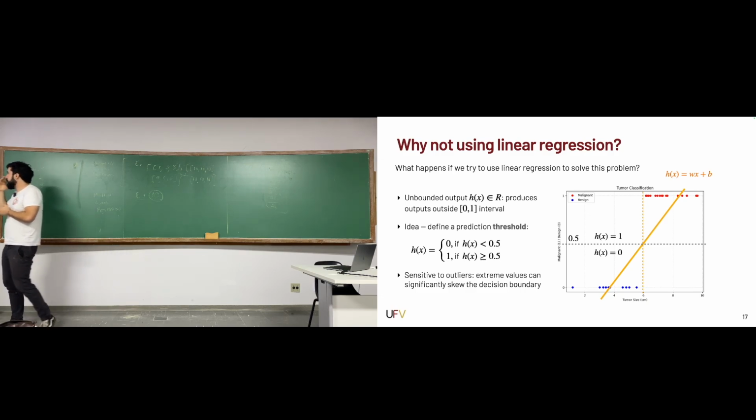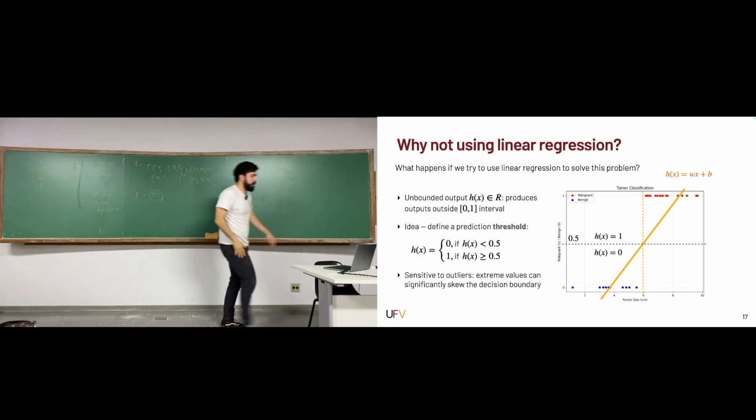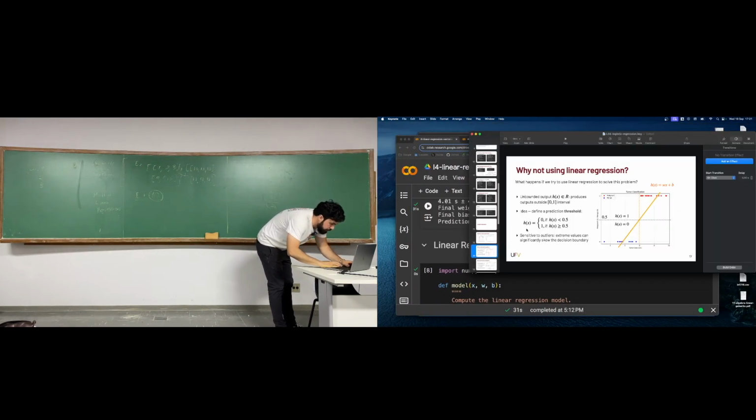So one idea to solve the problem would be to define a threshold. I should call this y hat, which is the prediction.